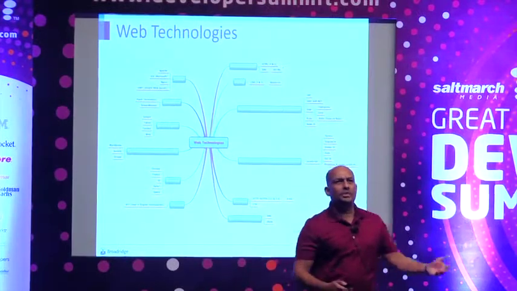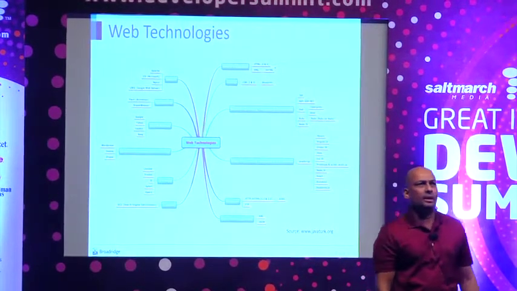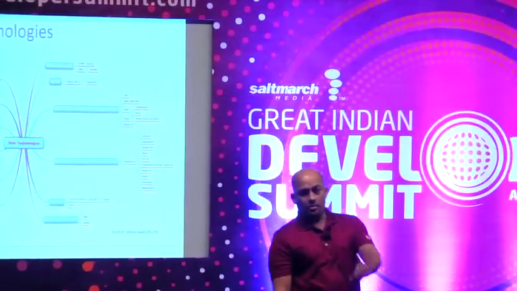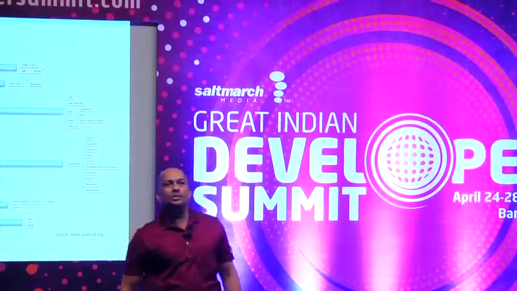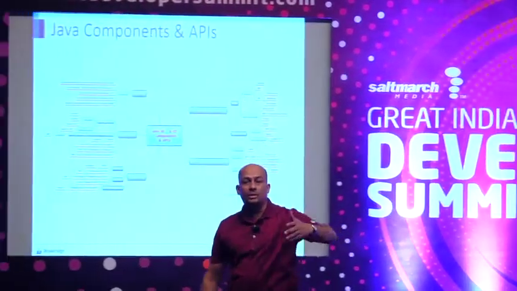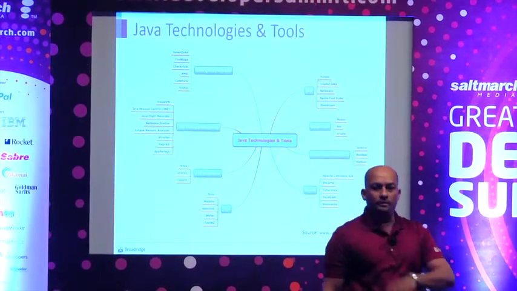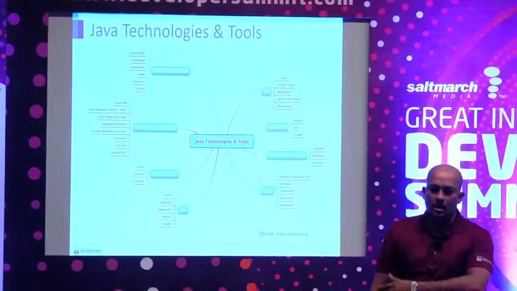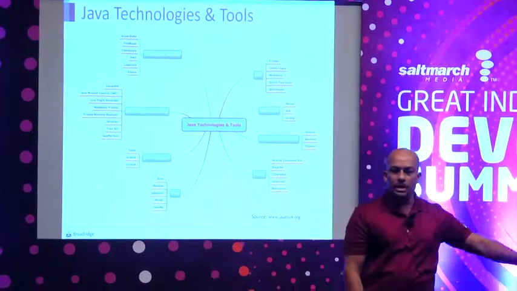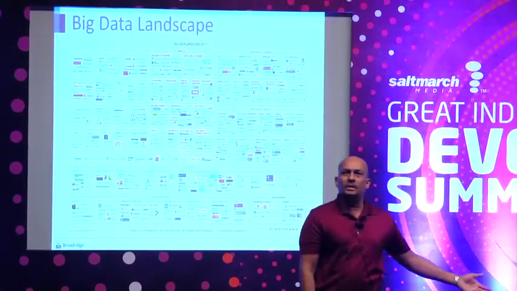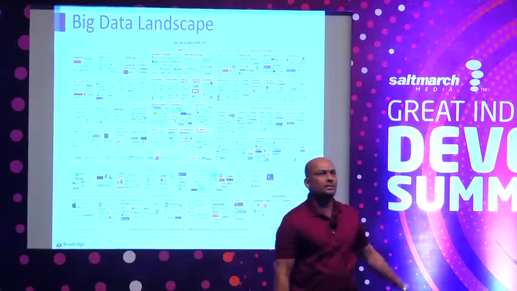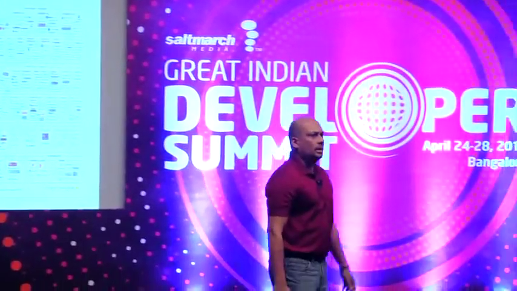Now, I'm just illustrating a few web technologies that we have hanging around. I know we can't really read all of that, but the point is that we have so many technologies, Java components and APIs spread across, and various tools of all varieties, whether quality related, JVM tuning, everything. And the big data landscape, oh my God, we have lots of varieties of big data here for us.